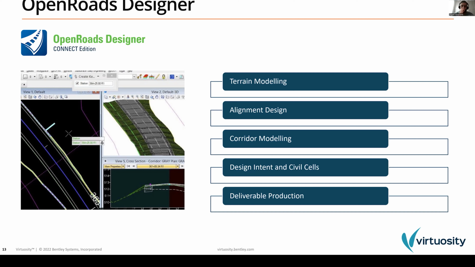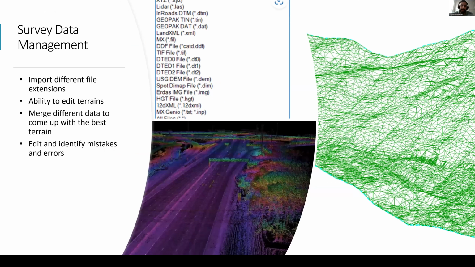So let's jump into the survey data capabilities. When we are designing, it is very important to have an accurate and reliable terrain model that represents the initial conditions and external constraints that we must keep in mind to develop our infrastructure.